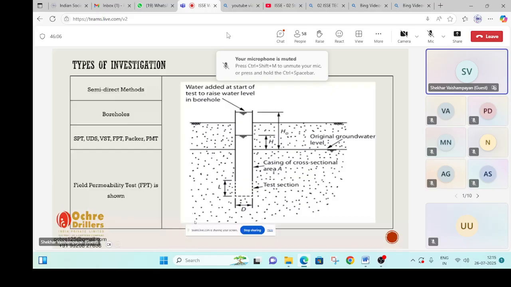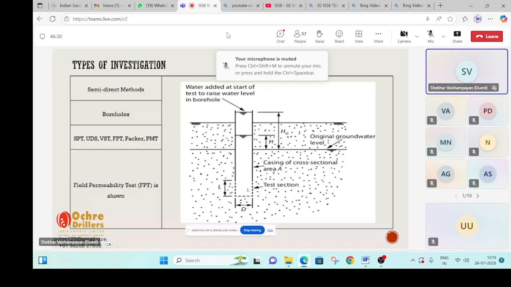The water drop is checked over a limited time period of 5 minutes or 10 minutes, and then you add water to the same hole and find out how much volume of water is gone. So using this information and a suitable equation, you can estimate the permeability of the soil.